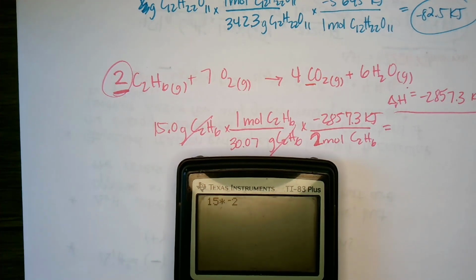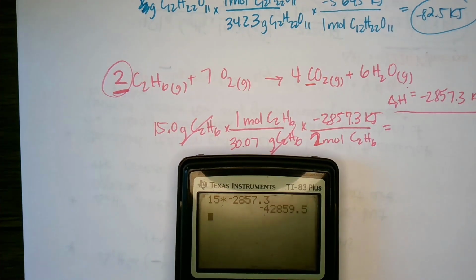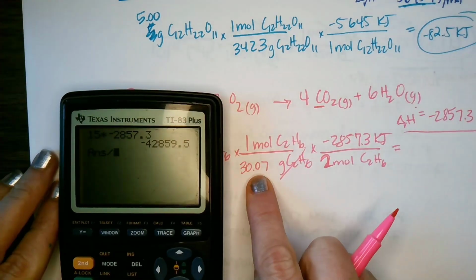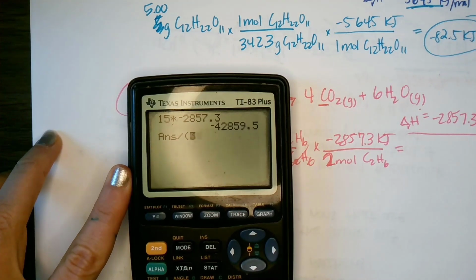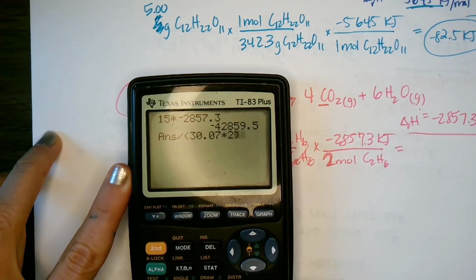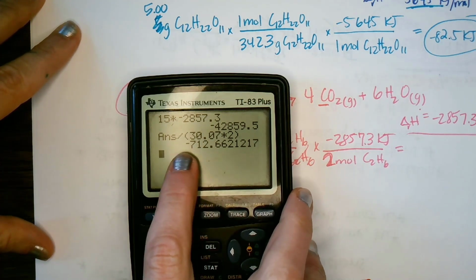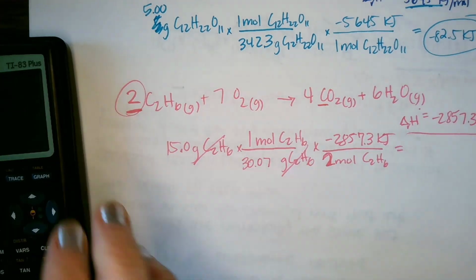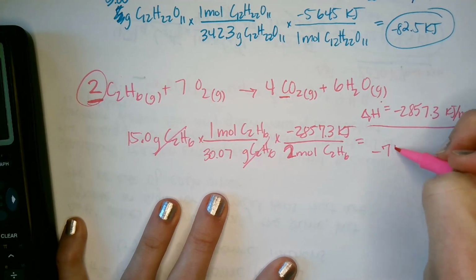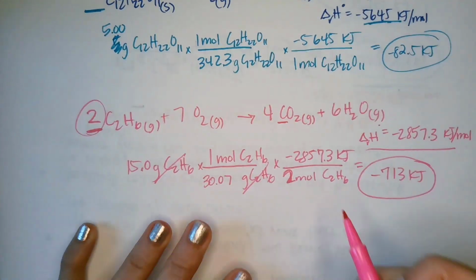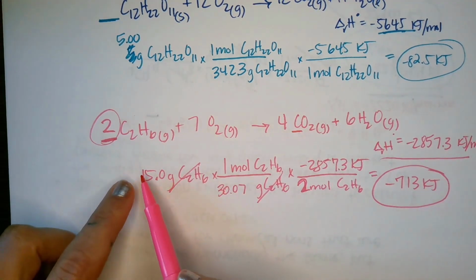Okay, here we go. 15.0 times negative 2857.3 divided by 30.07 times 2. So I'm going to do 30.07 times 2 in parentheses. And I should get, and I want 3 sig figs, negative 713 kilojoules.